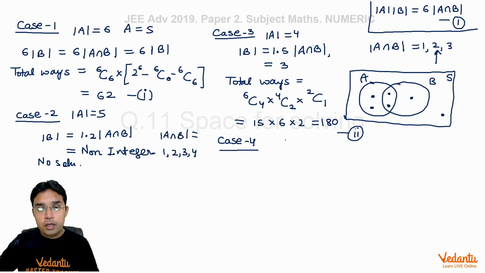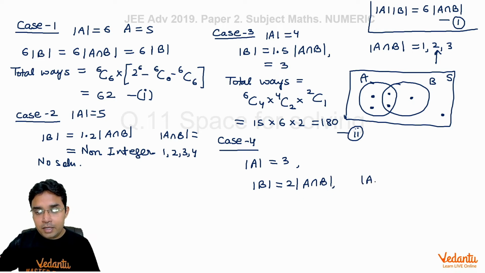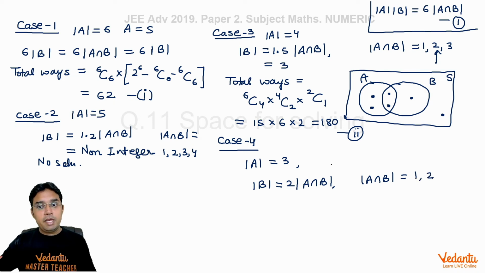Now case 4. Case 4, when number of elements in A is equal to 3. In this case, from equation number 1, number of elements in B will be equal to 2 times number of elements in A intersection B. And because number of elements in A intersection B can be 1 or 2 only, because A has 3 elements and B is a smaller set, in this case B will be either 2 or 4.